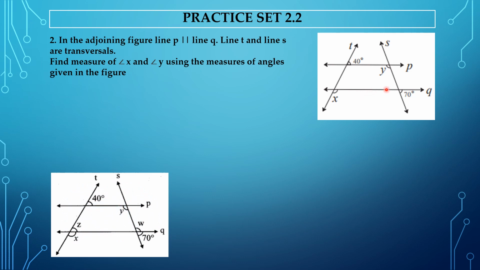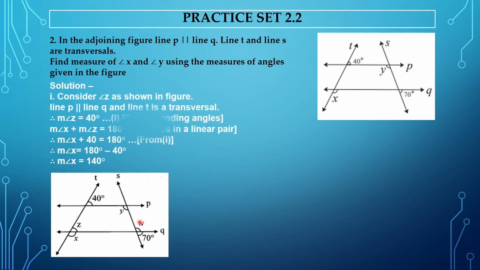Now, before that, let's name some angles so that it becomes easy to solve. Above x, you'll mark this angle as Z, and above the 70, you'll mark one angle as W. Then, solution. Now, consider angle Z as shown in the figure.